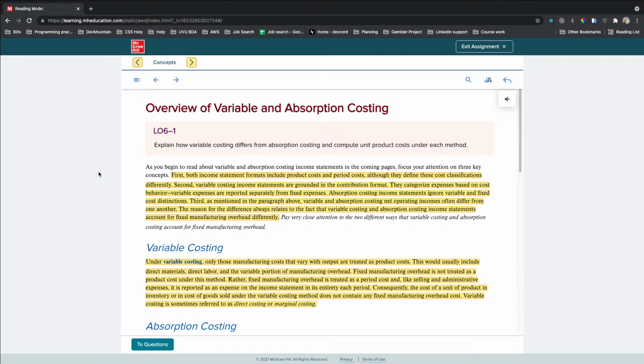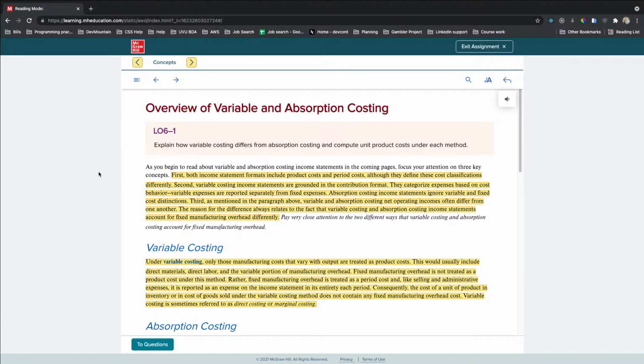They categorize expenses based on cost behavior. Yes, so if it's going to change with the increase or decrease of the product, then it's a variable expense. Variable expenses are reported separately from fixed expenses. Yep. Absorption costing income statements ignore variable and fixed cost distinctions. It's everything, like I said earlier.